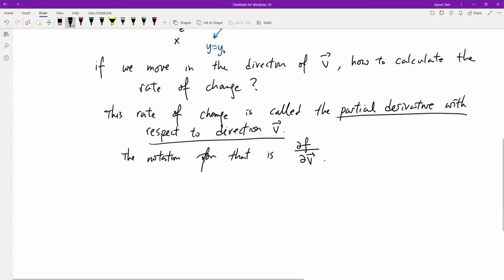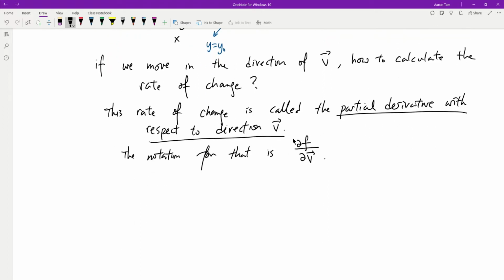Notice that it does use the partial derivative scripted d because it is a partial derivative. Remember, the derivative of f is called the gradient. We learned that in 5.2. So this is basically a partial derivative of that. And notice they have a vector v on the bottom to indicate what direction we're differentiating.